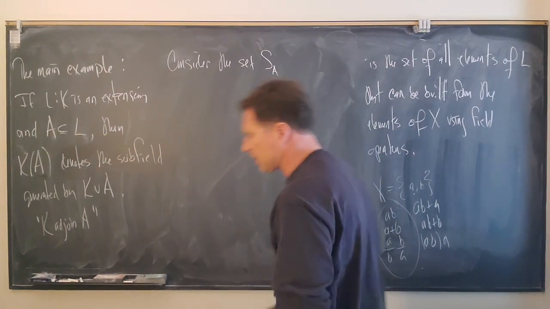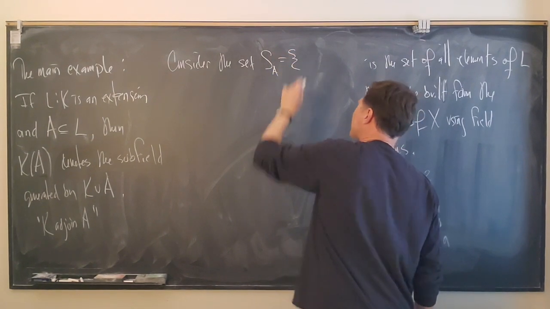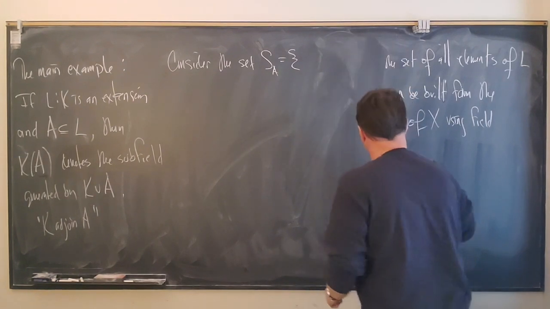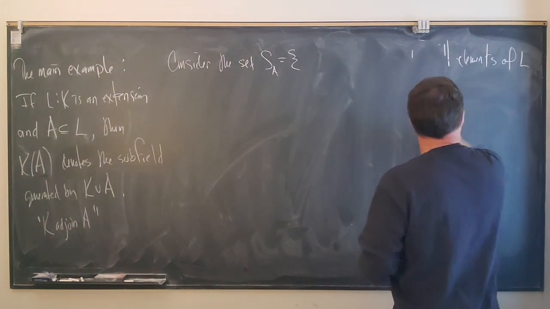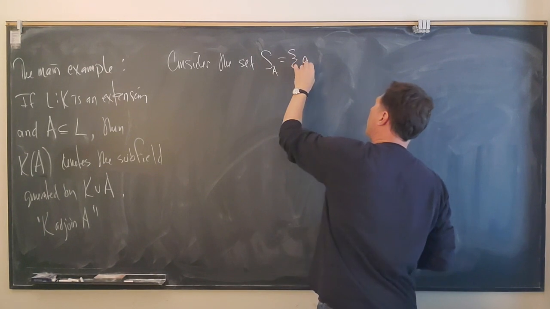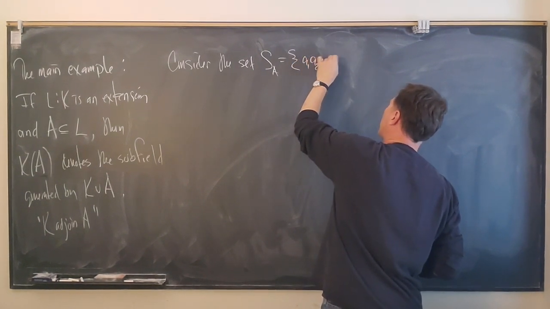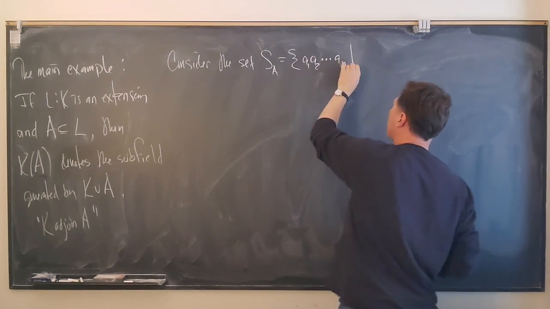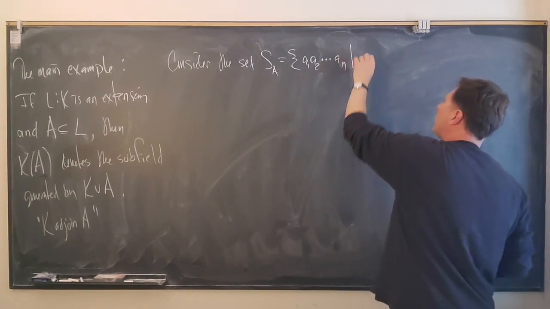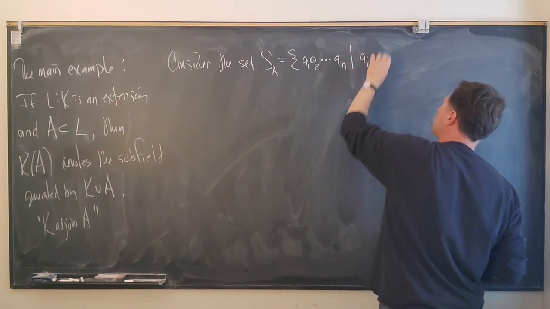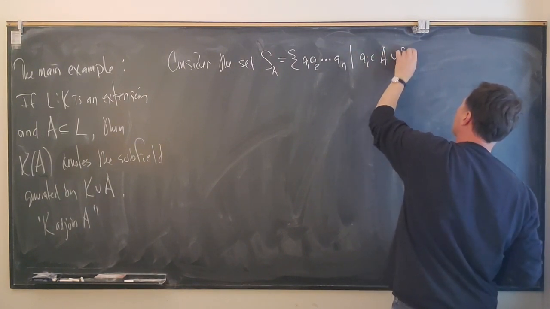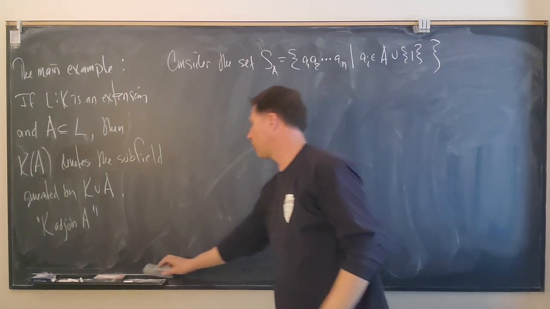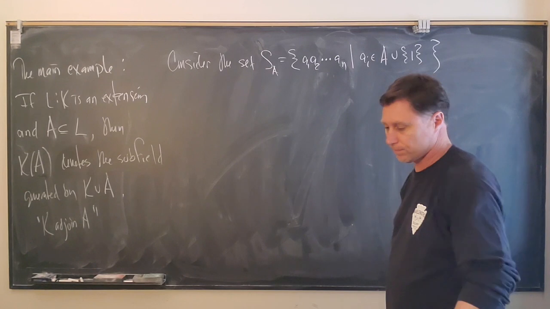And it's going to be the set of all possible products that you can form. So this will be, say, A1 times A2 dot dot dot up to A sub N, where each A sub I is either an element of A, or it can also be 1. Right, so look at all possible products of this form right here.